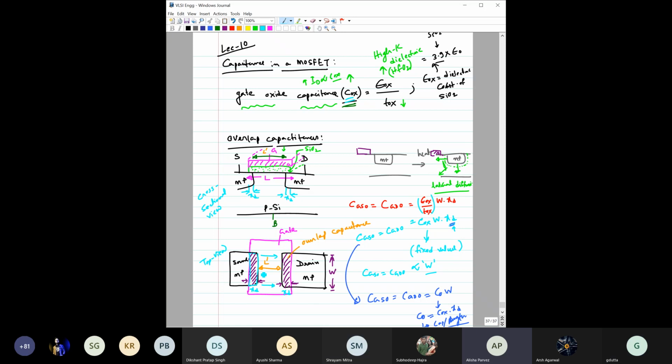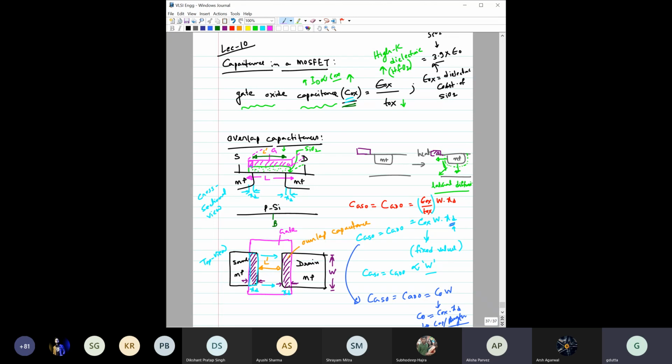So the area of cross section it is facing. No, you are seeing this capacitance, right? So you think about it from here.